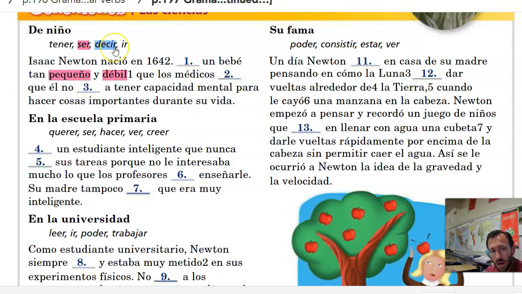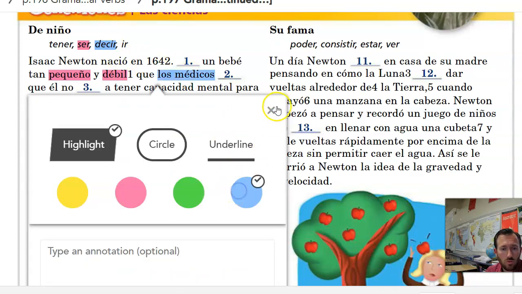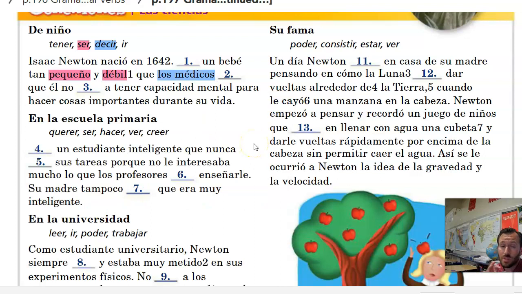So you're going to drop the IR. And since we're talking about los médicos, then you're going to use the ellos form, right? Talking about them, they being the doctors. Number 2 would be decían. Remember, IR ending, ían.